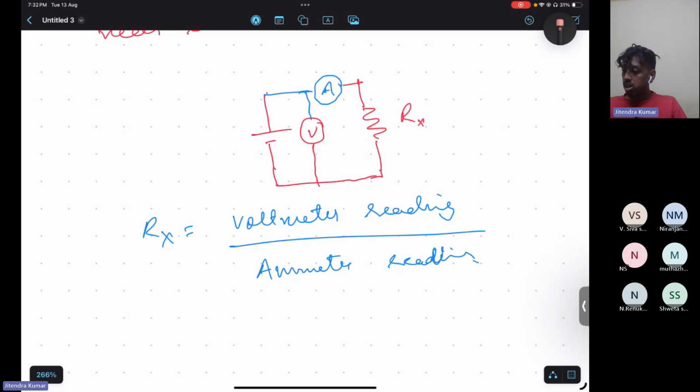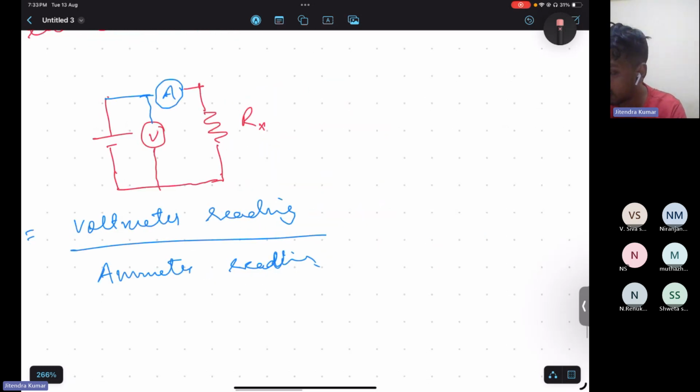Okay, so thanks. So this value will be voltmeter reading by ammeter reading, and this is not always ideal. The reason behind it is that some circuits are dependent on the equivalent resistance. If this Rx is not very straightforward, there are two possibilities to connect any resistance.